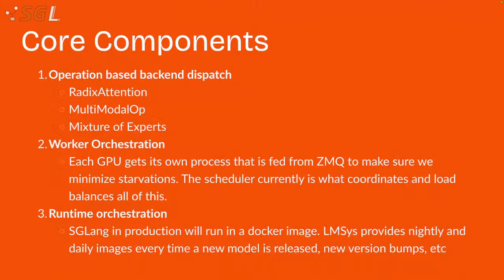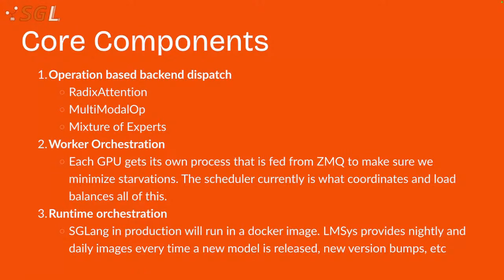We've talked about the request flow, but what core components are actually happening when we're running these models? The other side of the coin. SGLang has this operation-based backend dispatch. That's a lot of words to say that there are general things that are very useful, like radix attention, prefix caching, or mixture of experts. You know that you always need to pre-process the weights, or flash attention maybe needs to be done, or maybe you want to use Triton, stuff like that.